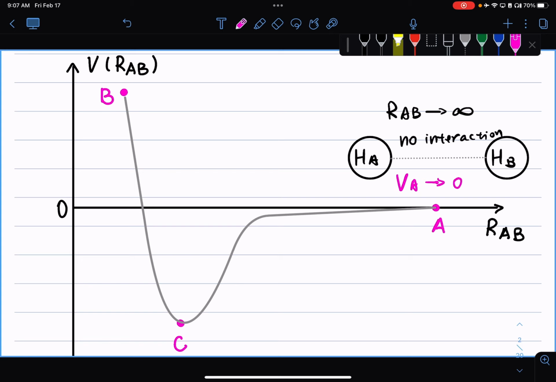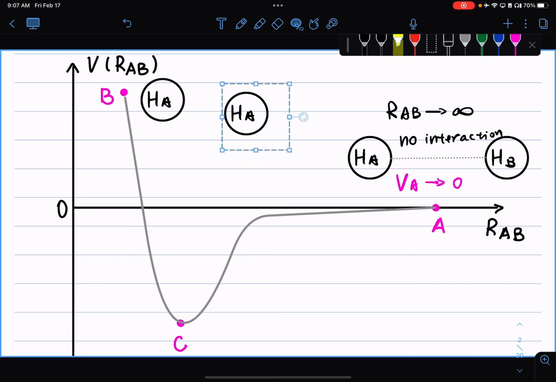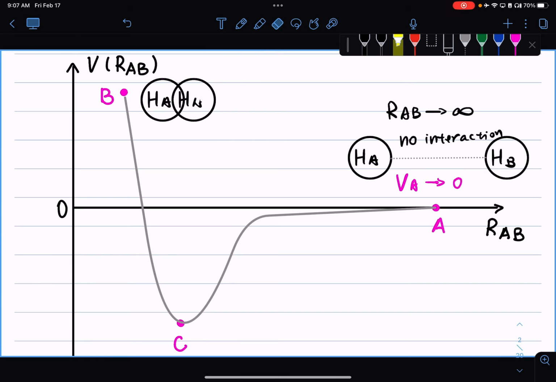Taking it to another extreme, when these two atoms are getting very close to each other at point B here. So here, HA and HB are getting really, really close to each other. And they're not happy because of the Pauli repulsion. They don't want to be close to each other. And also because of the electrostatic repulsion, right?